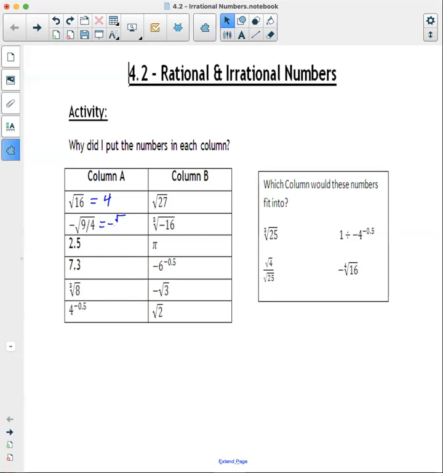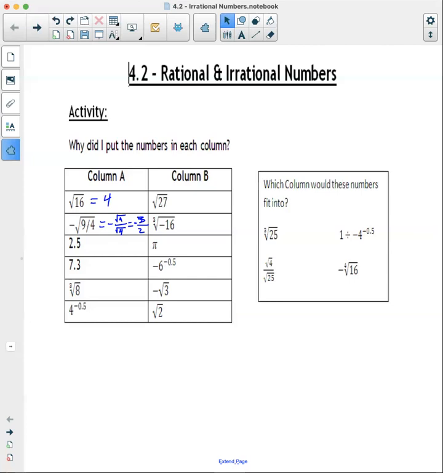Square root of 4 is 2. Okay, so we got negative 3 over 2. That's a 3. Okay, 2.5. Can't really simplify that, but note that it is a terminating decimal. Same with 7.3.